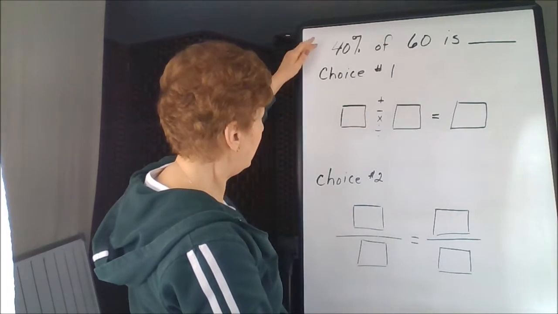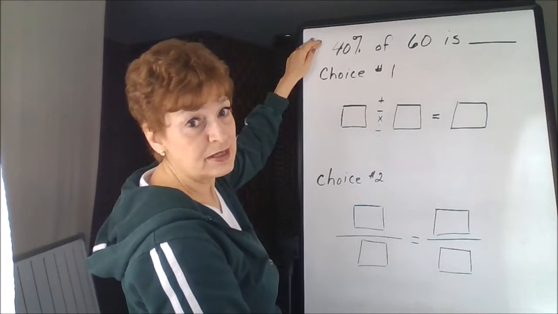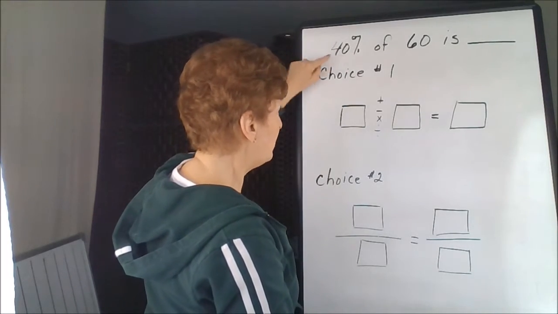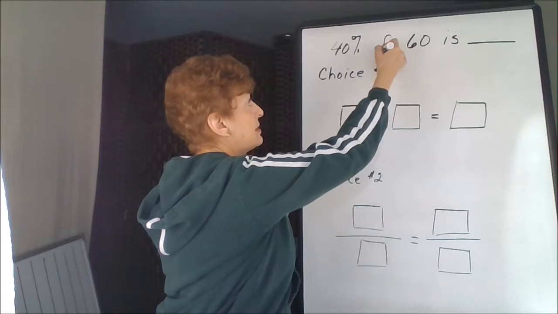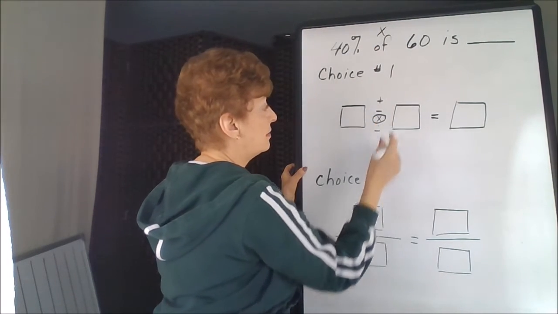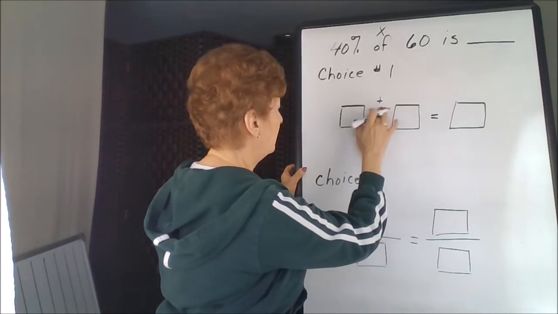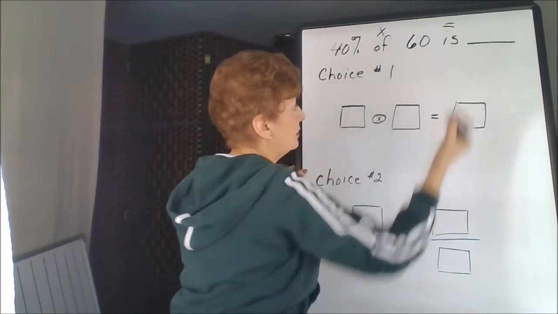So if we were to take our actual problem, you would have a choice of doing it one way or the other. 40% of 60 is. Of means multiplication, and the is means equals.